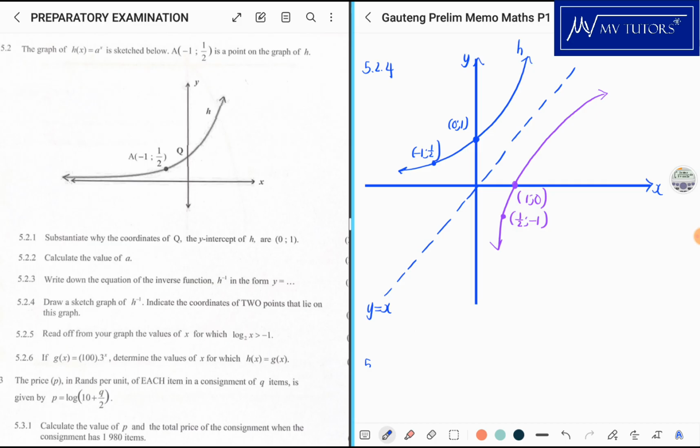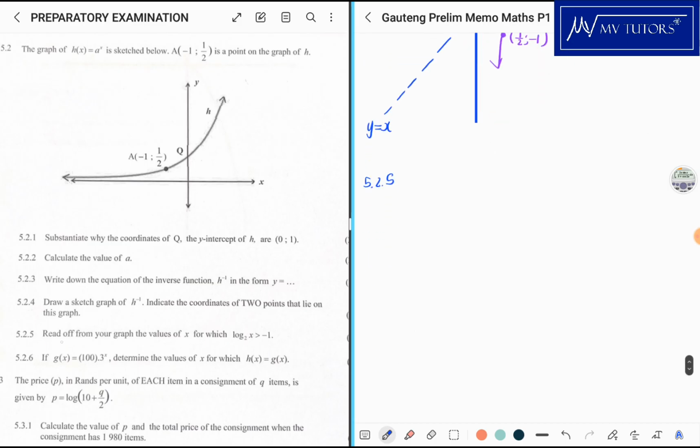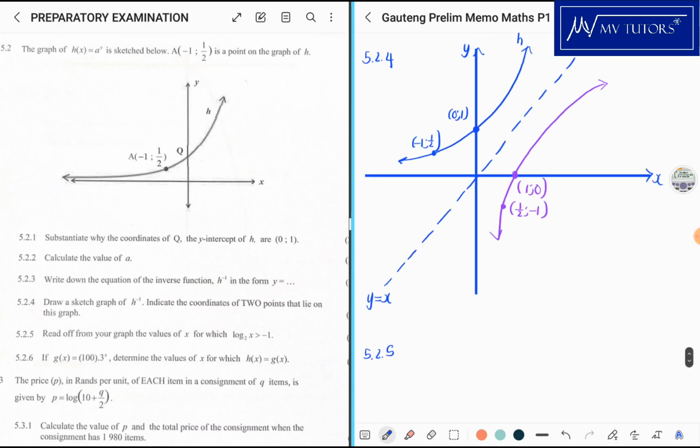Now 5.2.5. It says, read off from your graph the values of x for which log x base 2 is bigger than -1. Remember this is where -1 is. There's -1. Y is equal to -1. So the x values from -1 going above.